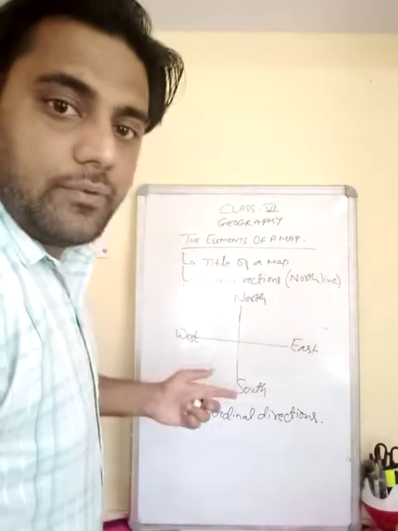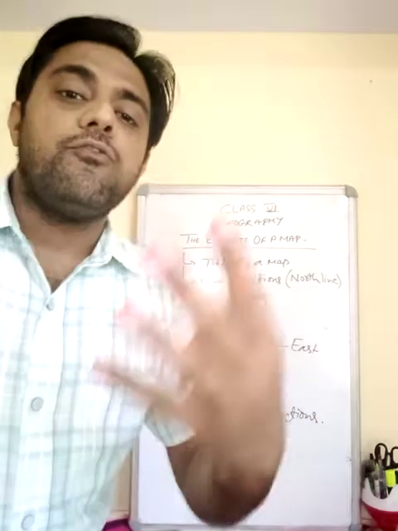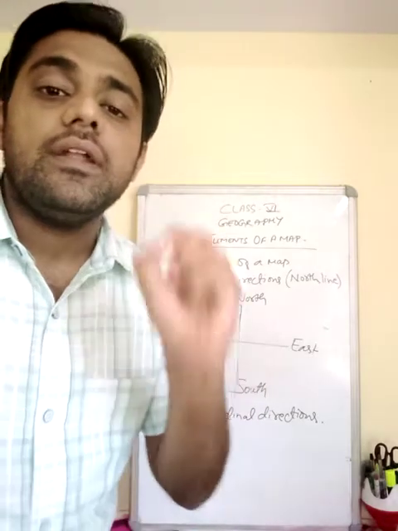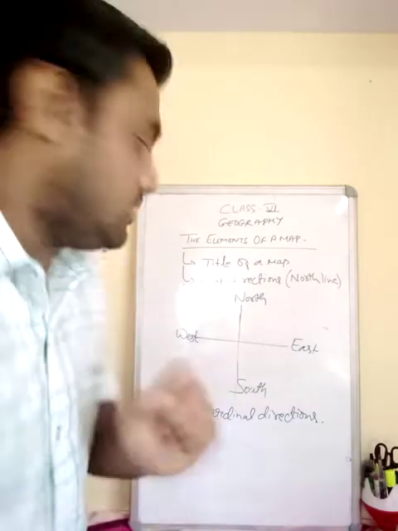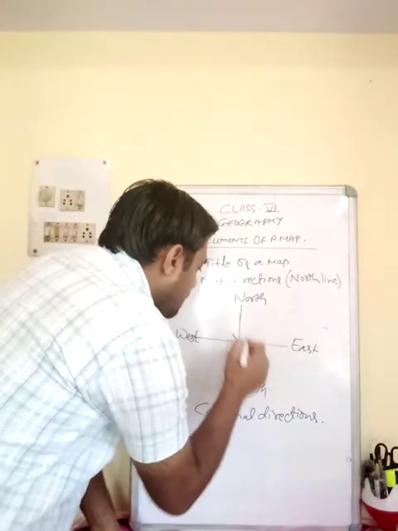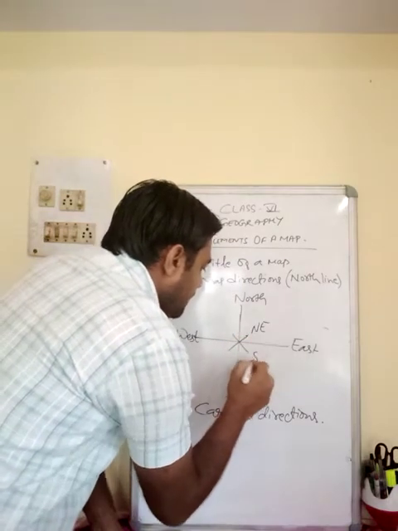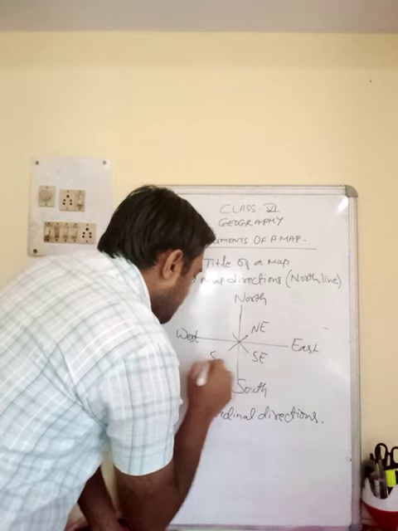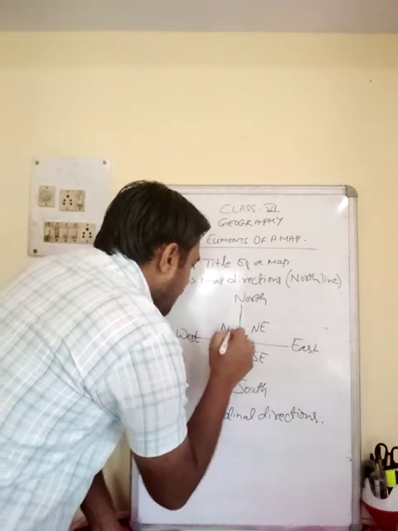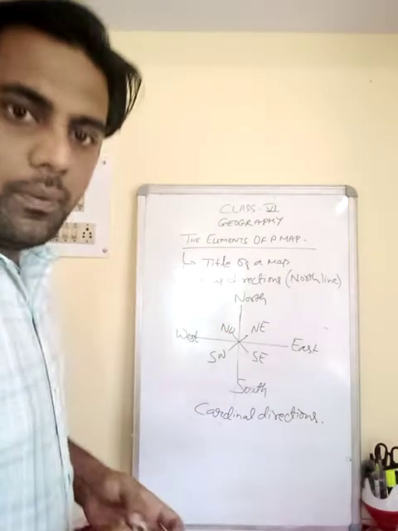Apart from cardinal directions, there are four more directions which are called intermediate directions. The intermediate directions are northeast, southeast, southwest and northwest.